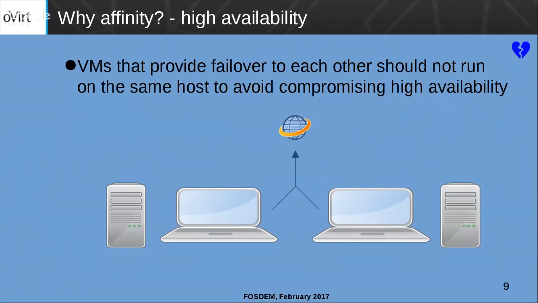If one host holds one VM and another host holds the other, one crash of a host won't affect the other VM, and we'll still keep high availability. So creating a negative affinity group with these two or more VMs will provide us the tool to keep them separate and to keep high availability.